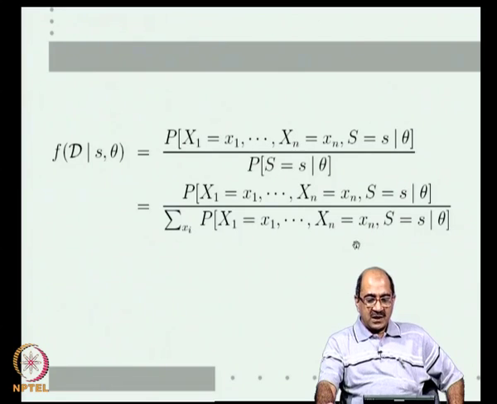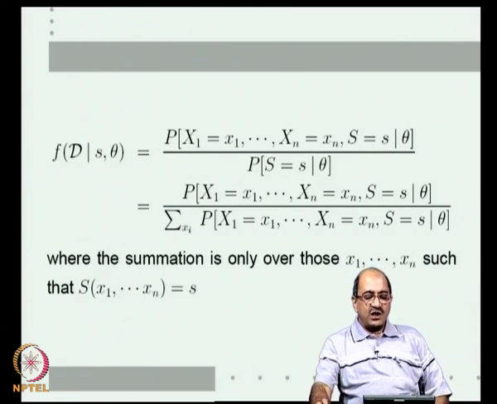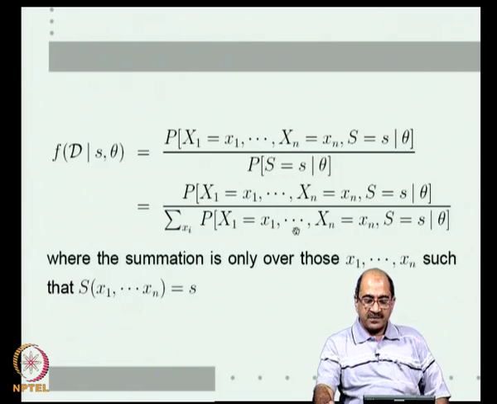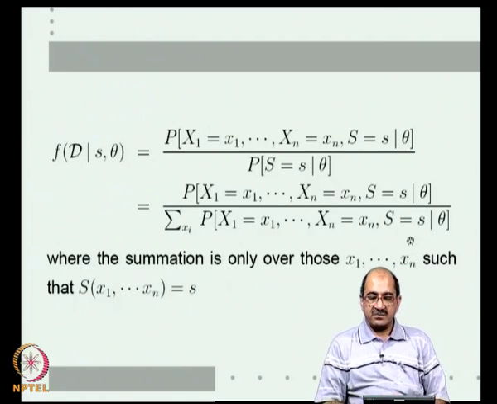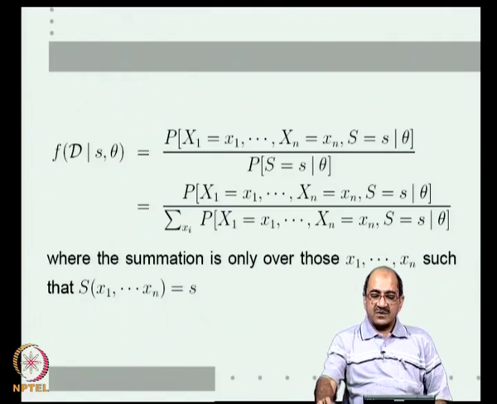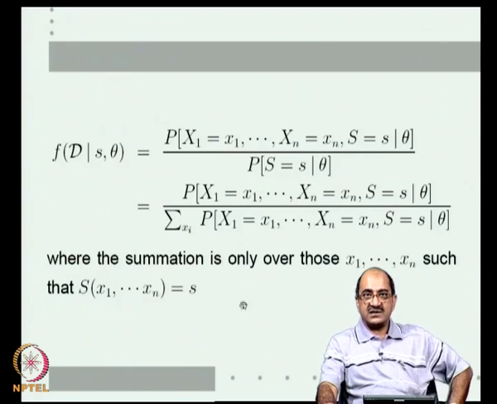As a matter of fact, this summation need be only over those x1 to xn such that S of x1 to xn is s, because S is a specified function of x1 to xn. For any given values x1 to xn, if little s is not equal to capital S of x1 to xn, then this probability is anyway 0. So, the summation goes over only those xi such that S of x1 to xn is s.